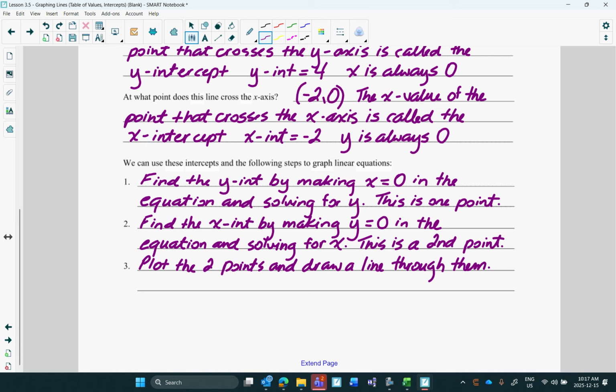So solve what's left. Solve for y. For the x-intercept, you take away the y. So this 2y disappears, and you'd be left with x plus 4 equals 0. Solve. Everybody finished with this?